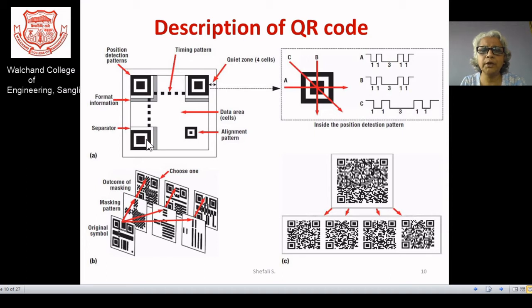The beauty of the QR code is that in whichever direction you scan it, it will automatically read the correct data or signal. I would like to give you one idea here. For example, my scanning pattern may be in the A direction, or the B direction, or even the C direction. So if A is the direction for the scanning, what will happen?